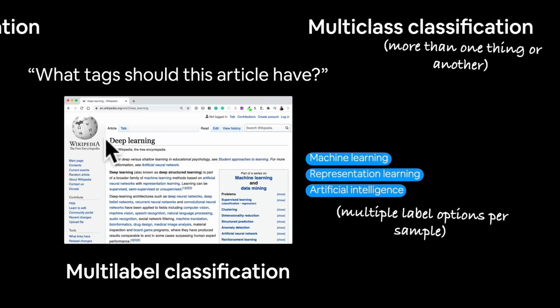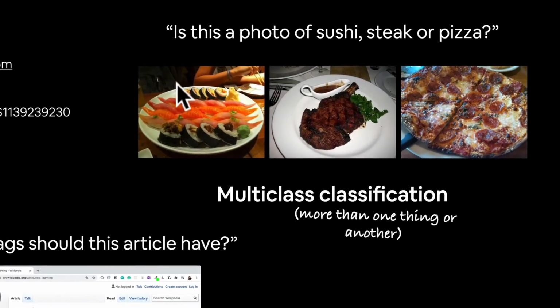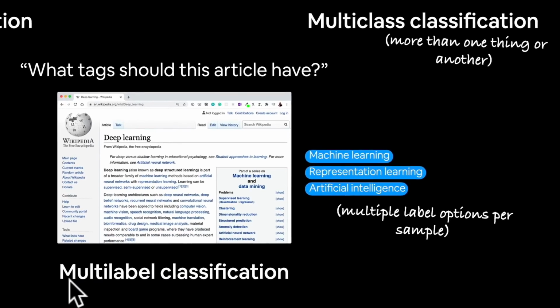That means that this one sample, this one article here, could have 3 different tags, or it could have 5 different tags. Whereas in these photo examples in multi-class classification, we only want one label per sample. So we have one photo, and the one label would be sushi. One photo, one label would be steak, and so on for pizza. Whereas in multi-label classification, we have one sample and multiple labels.